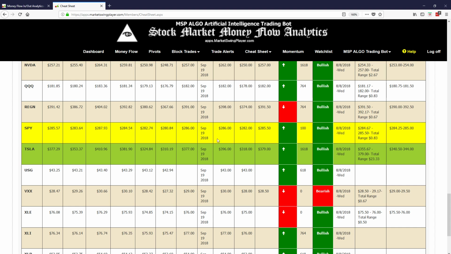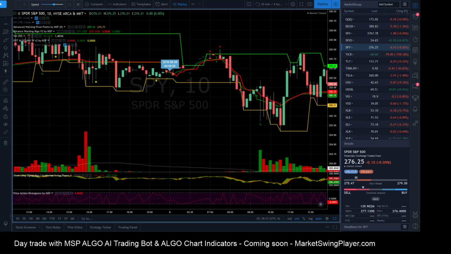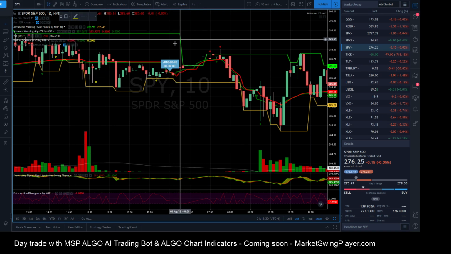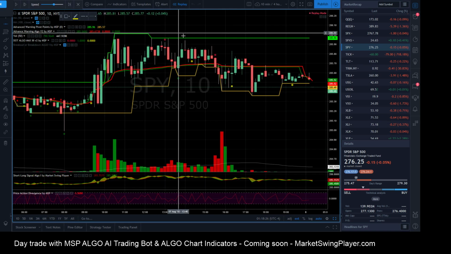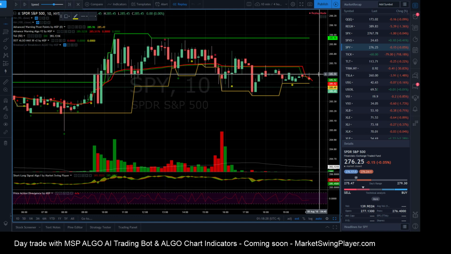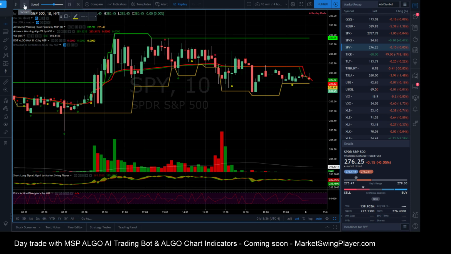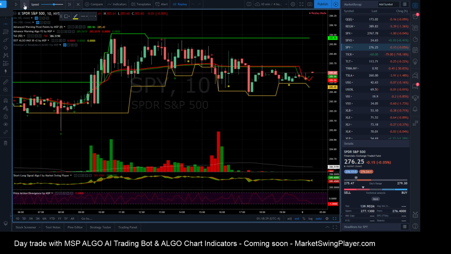So 284.67, let's mark that. The cheat sheet came out a little after 8:30 after it ran, so let's go ahead and try to put it close to that time frame.